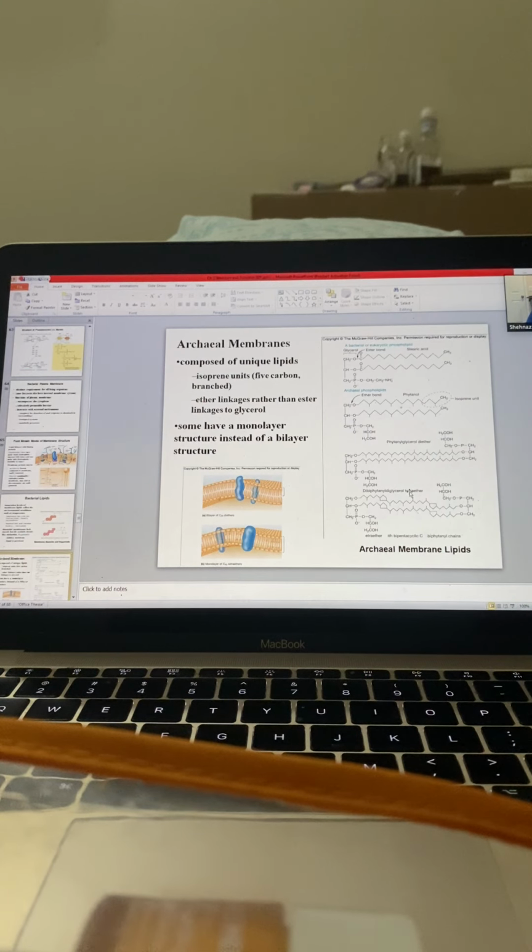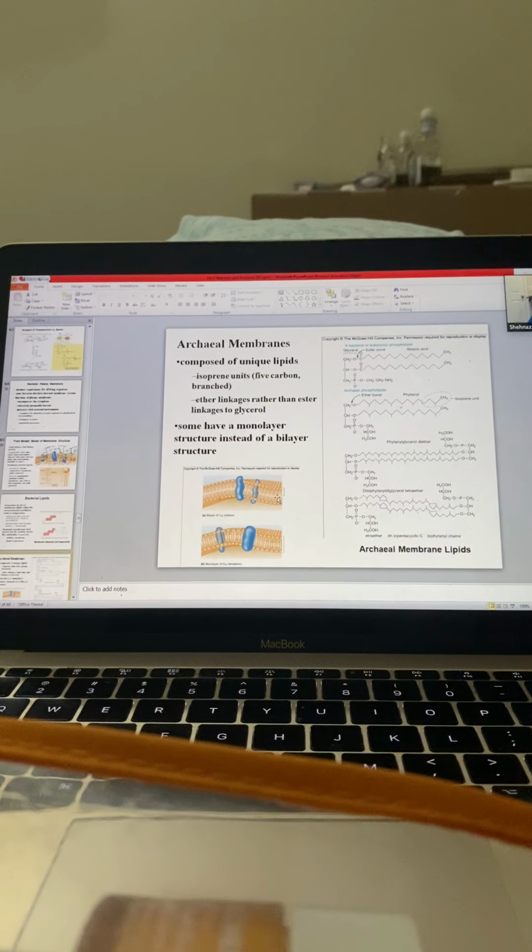So actually, there is no space in between, as you would see in a bacterial membrane. This would be considered a monolayer rather than a bilayer. They look like a bilayer, but the heads and the tails are connected together from one end to the other, so this will act as a monolayer.